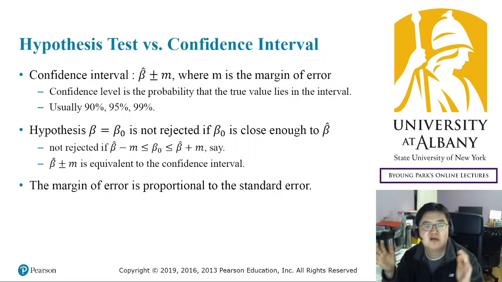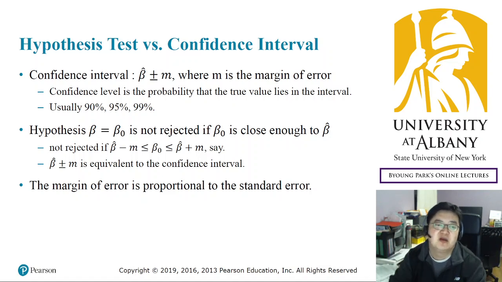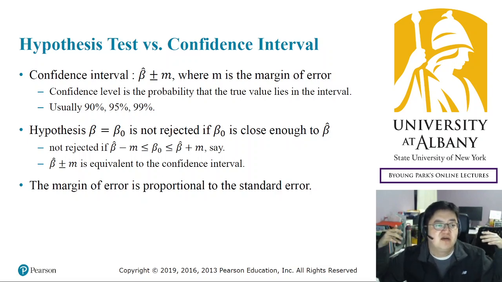But if you don't want to allow any potential error, then the only option is to widen the margin of error. When you widen the margin of error, the information is washed out. In the end, if you widen it too much, it means nothing.